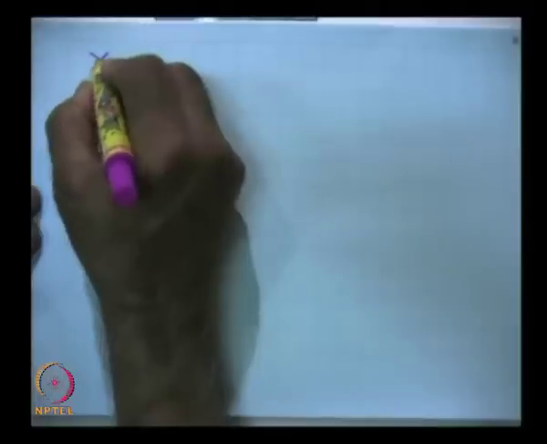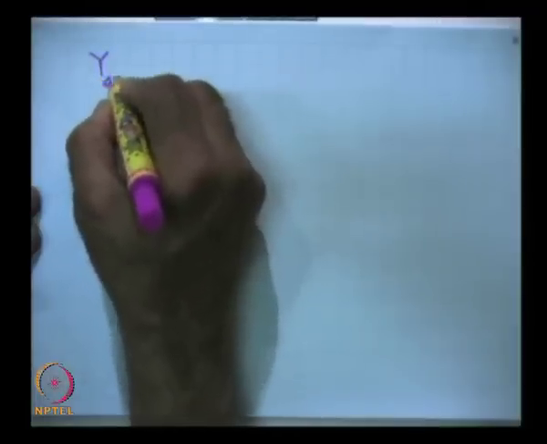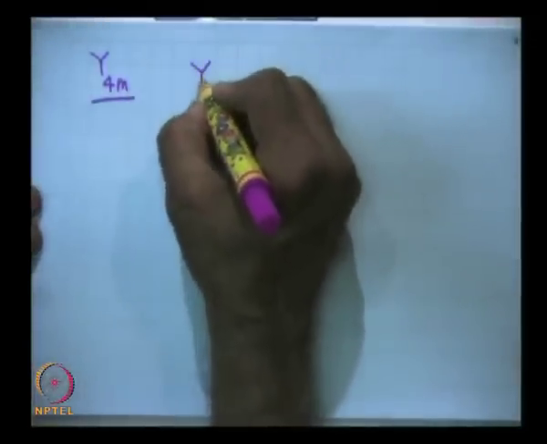So, therefore, I have given you the recipe that for any value of L or M, let us suppose I want to do Y4m, I want expressions for Y4m. So, first I write Y4m.